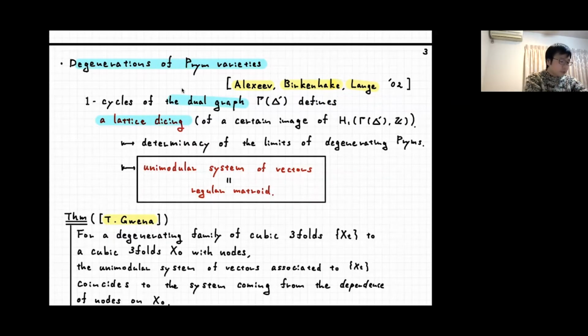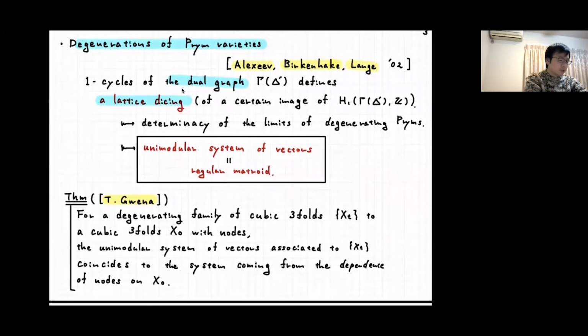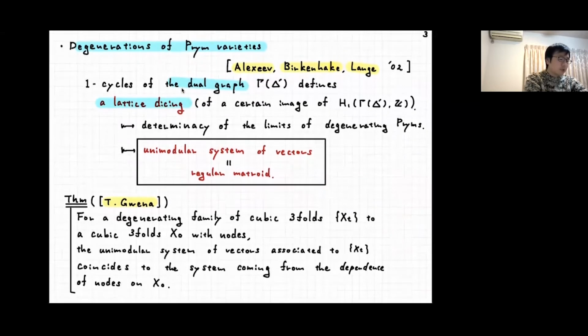And finally, I want to introduce one very important result by Gwena, which says that for a degenerating family of cubic threefolds X_t to a cubic threefold X_0 with nodes, the regular matroid, I mean the unimodular system of vectors associated to X_t, which was defined by the paper by ABH, coincides in fact with the system coming from the dependence of nodes on X_0.